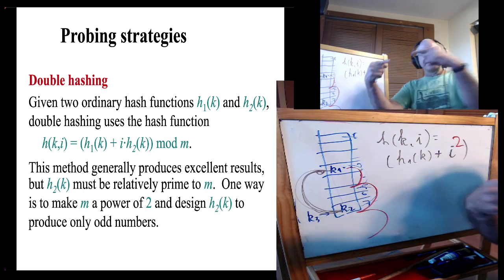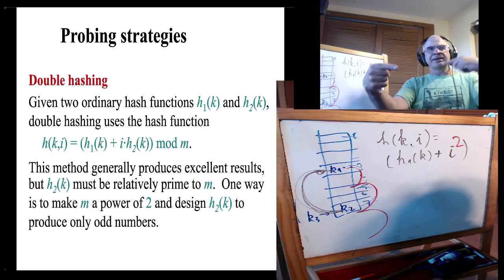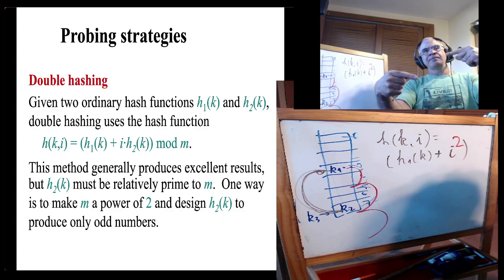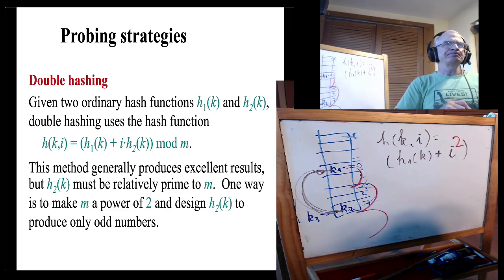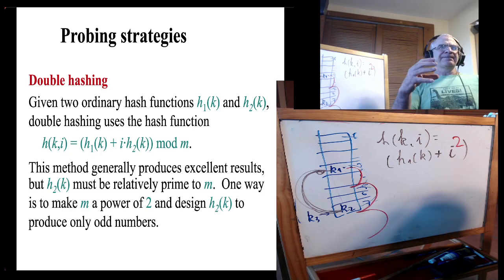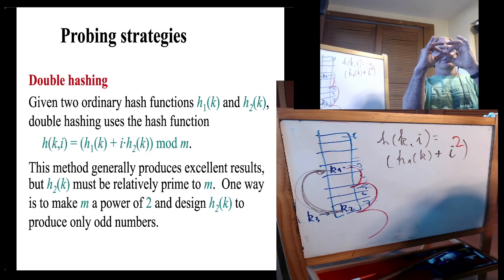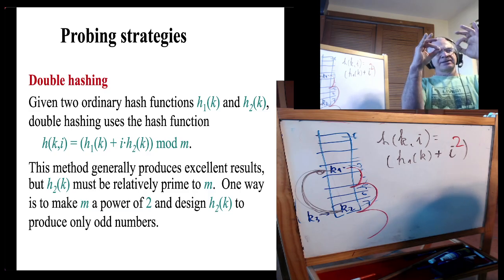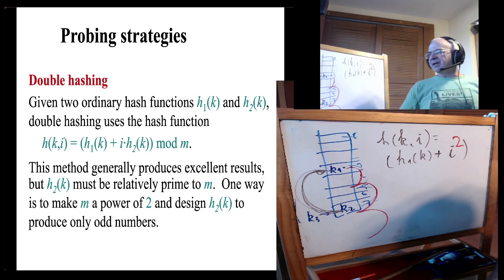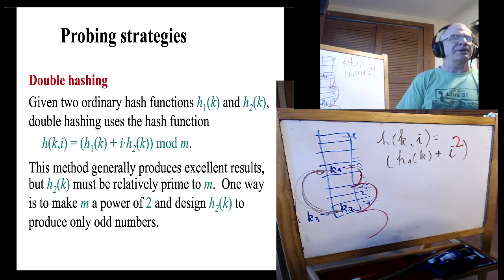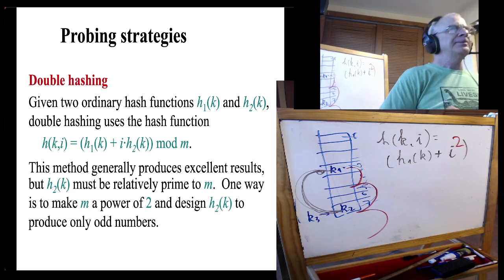So even if I collided with another key in my first attempt and the other key's third attempt, then my next attempt is different than this other key's next attempt. If two keys are colliding but not in the same attempts of these keys, one is in the first and the other one is in the second, then the next location they will land in different places. Again, breaking the problem of creating big clusters, or minimizing this problem.